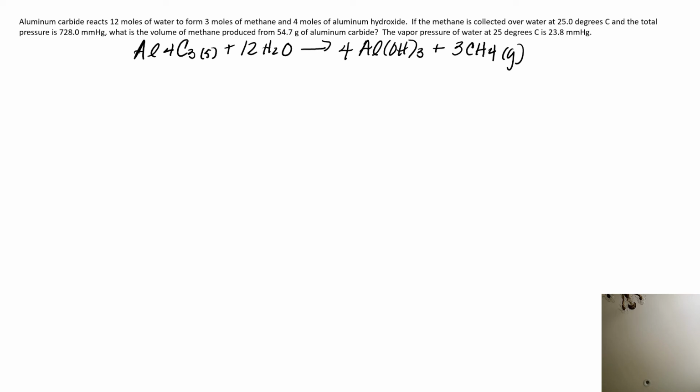So the first step in this calculation then will be using the stoichiometry to go from grams of aluminum carbide to moles of aluminum carbide to moles of methane.